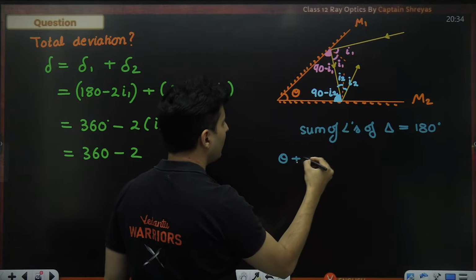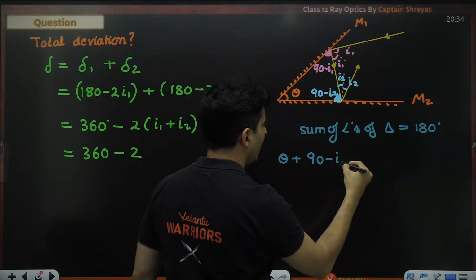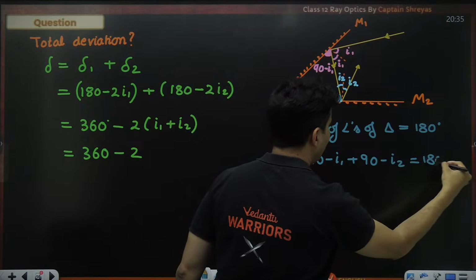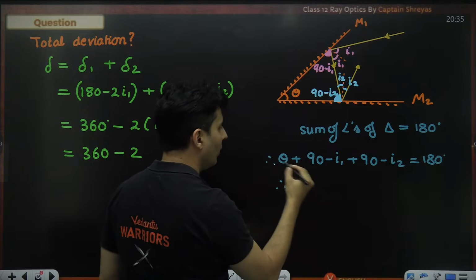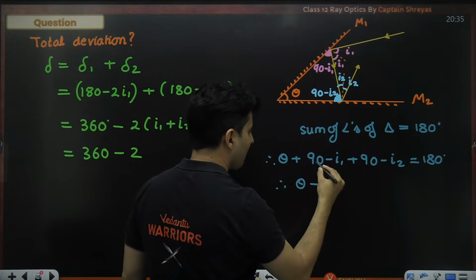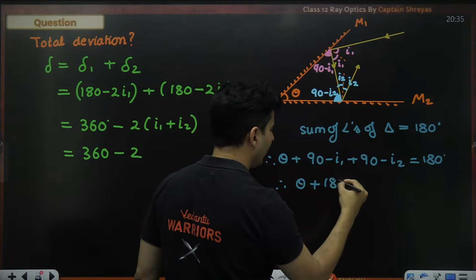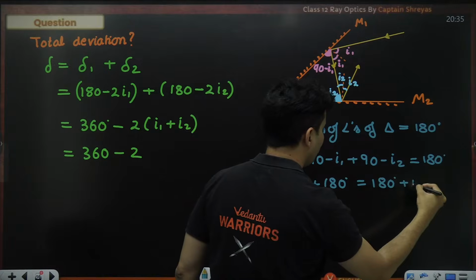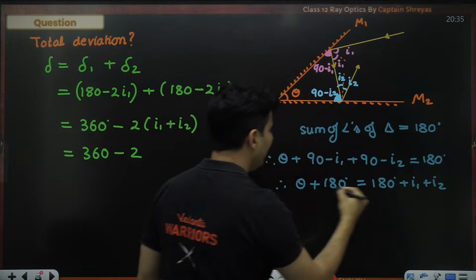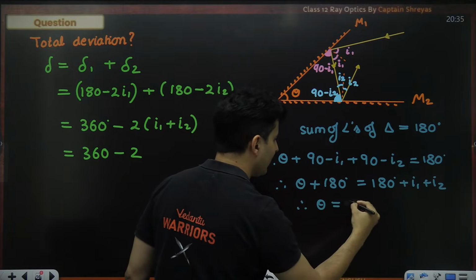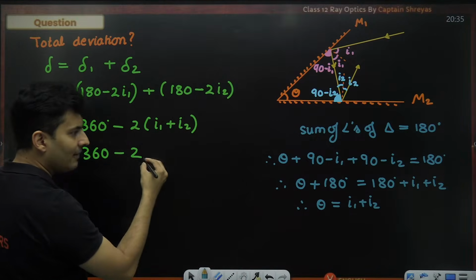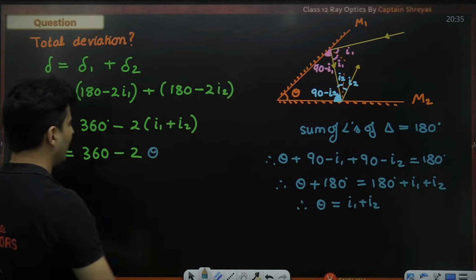So theta plus 90 minus I1 plus 90 minus I2 is 180 degrees. Therefore, theta is there. 90 and 90 will make it 180. I1 and I2, I will take it on the other side, so it will become I1 plus I2. 180, 180 will cancel. So theta will become I1 plus I2. That's exactly what I wanted. I1 plus I2 is nothing but theta.